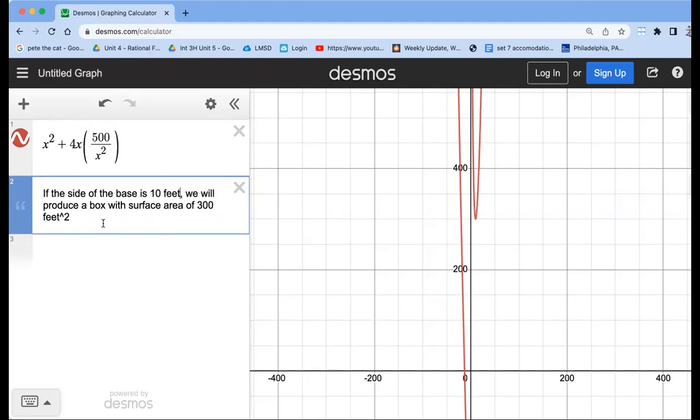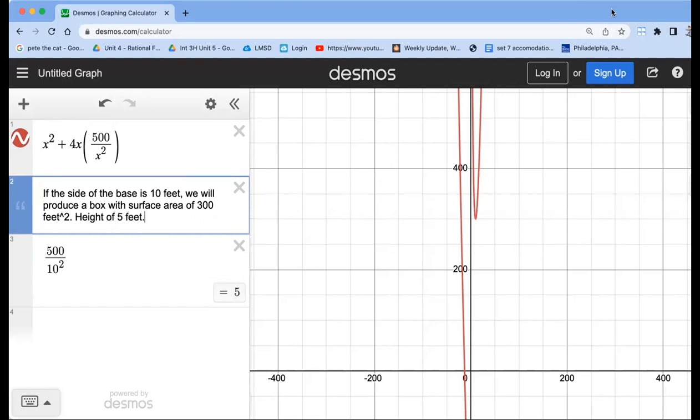And you could also go back and say that if you wanted to solve for what the height's going to be, you could do 500 over 10 squared. And so that's going to say that the height is 5.